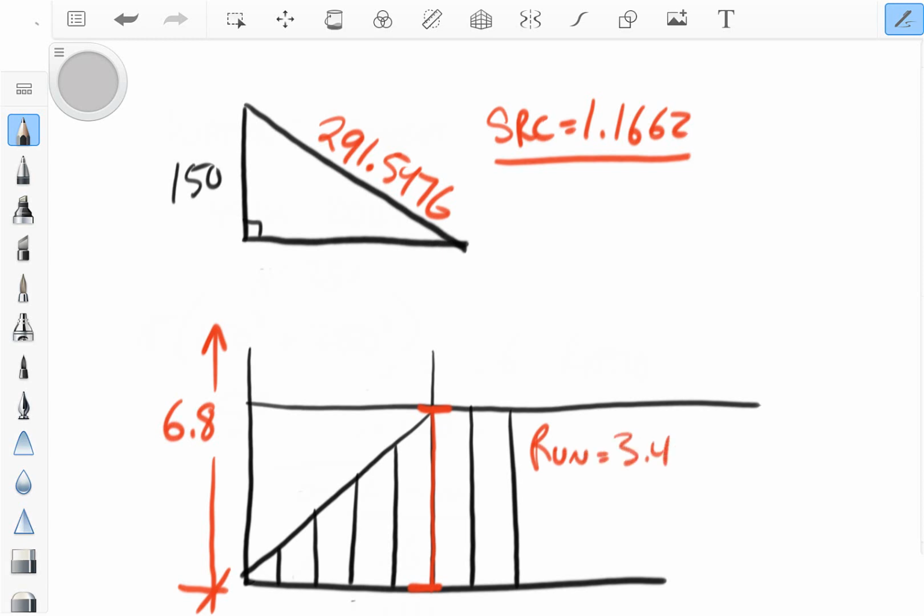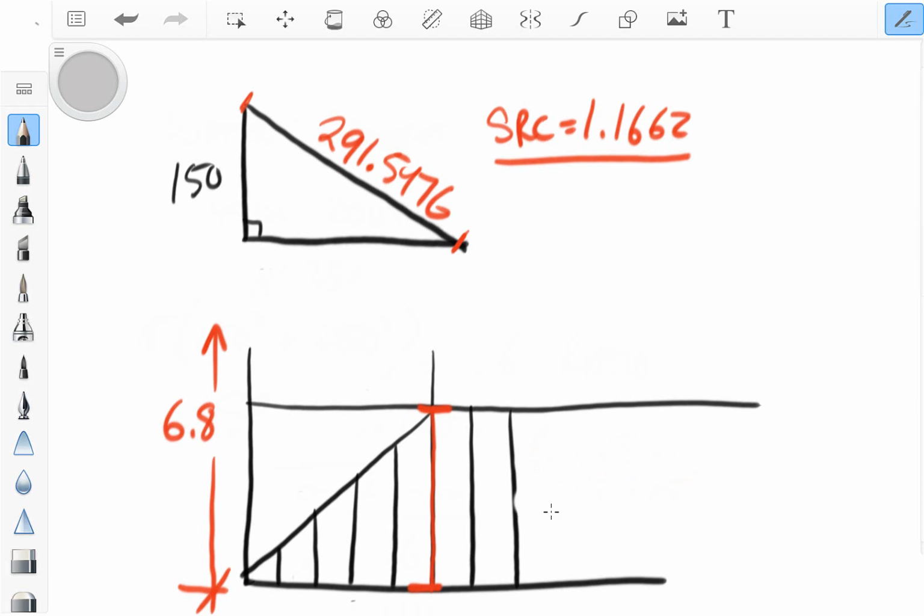So now we can find out the line length, the hypotenuse from here to here of that particular rafter, by taking the run 3.4 multiplied by 1.1662. It gives us a line length. So the line length of that rafter is 3.9651 meters. Okay, so that's actually quite useful. So let's do this now. We'll get rid of that.